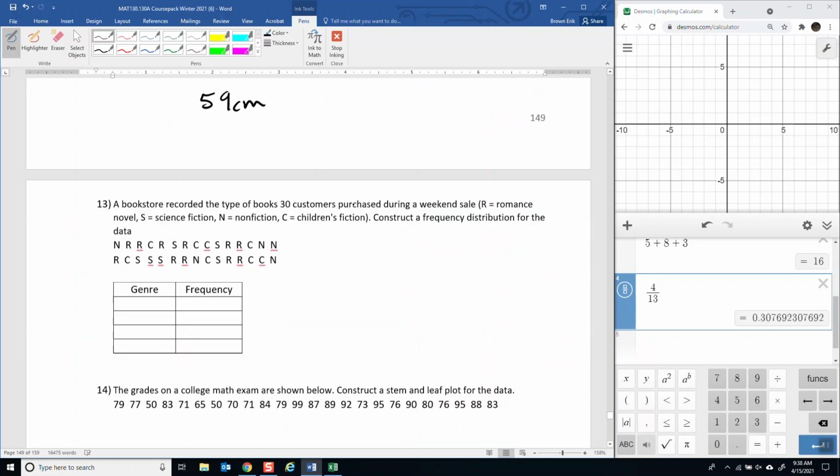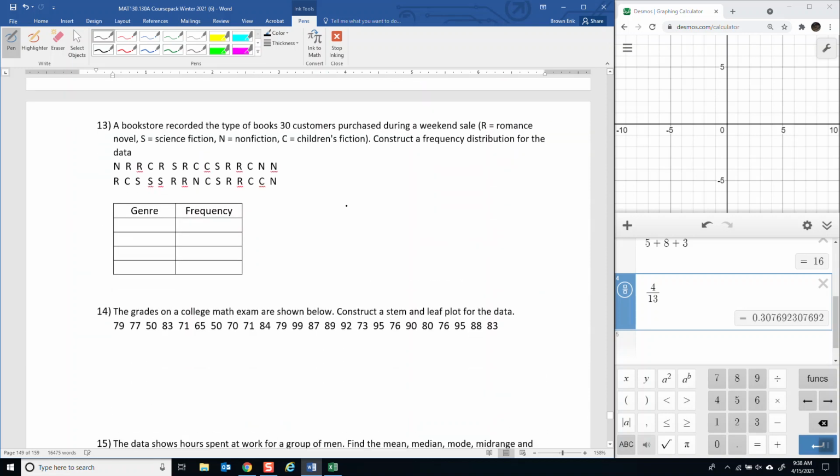Okay. So here, the bookstore is recording the type of books these 30 customers purchase. That means we know there are a total of 30 people right here during a weekend sale. And we've got these categorical data values. So R represents romance, S represents science fiction, N is nonfiction, and C is children's fiction.